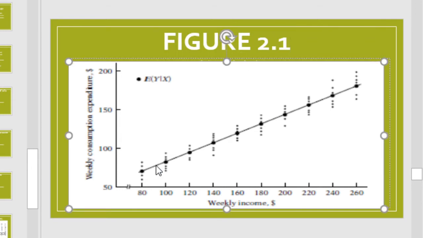Despite the variability of weekly consumption expenditure within each income group, on the average, weekly consumption expenditure increases as income increases.